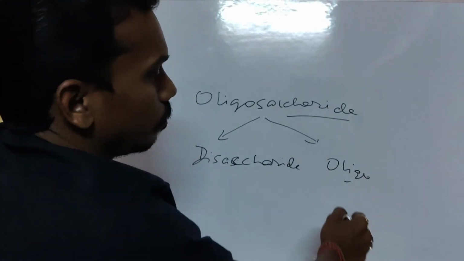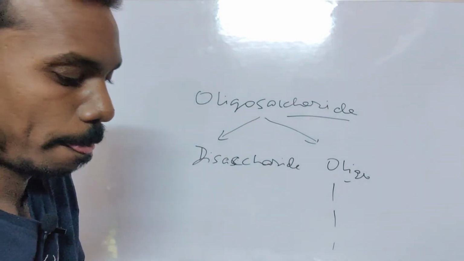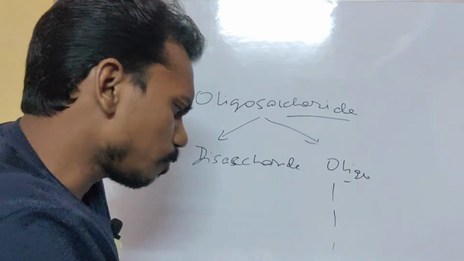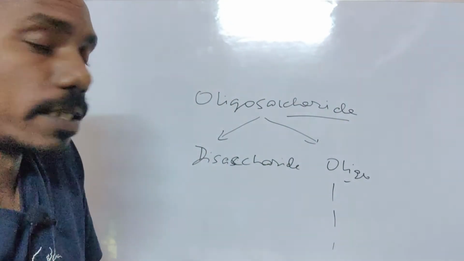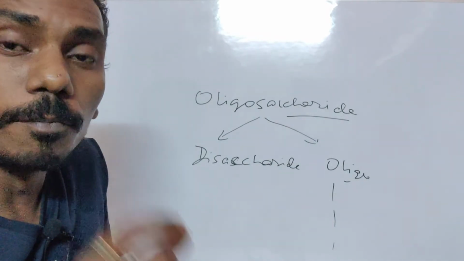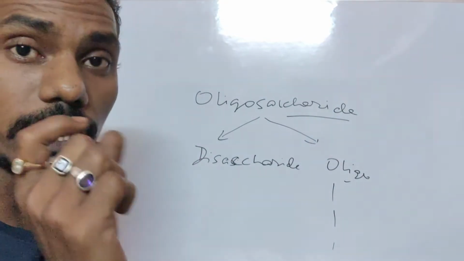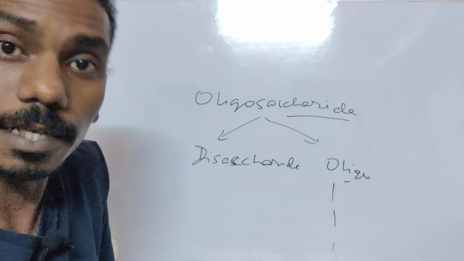Other oligosaccharides would be trisaccharide, tetrasaccharide, pentasaccharide and so on. So you have to know that oligosaccharides are composed of more than 2 molecules of monosaccharides actually.